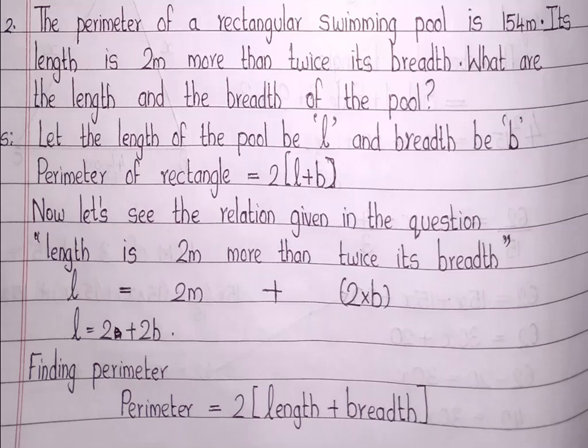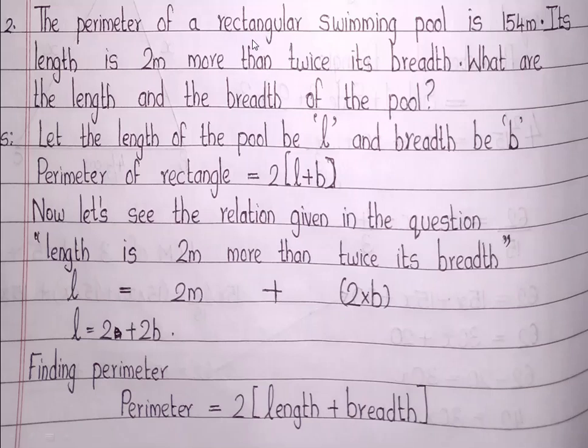So, here you are given a rectangular swimming pool. Length and breadth are not given as numbers, they are given as relationships. Then the perimeter of the swimming pool is given as 154 meter. Now we will read the question part by part.